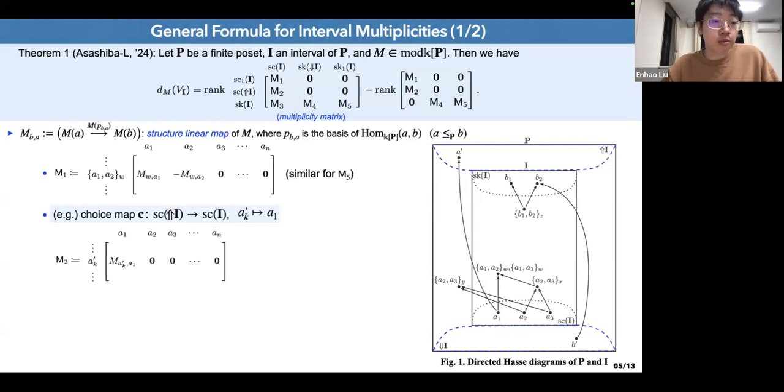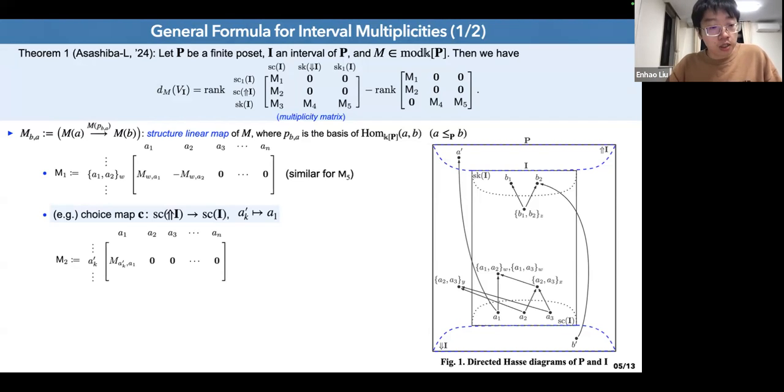Here we need some choice. This is where we use a choice map. For example, we fix such a choice: for each AK prime in source proper of I, we let A1 be smaller than AK prime. Then there's a morphism from A1 to AK prime, and then there's a structured linear map.